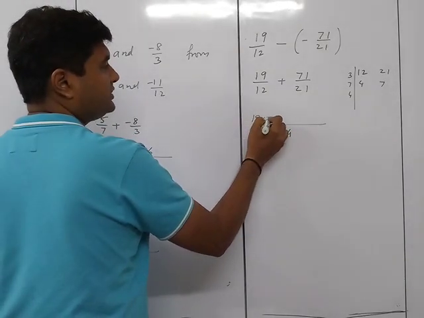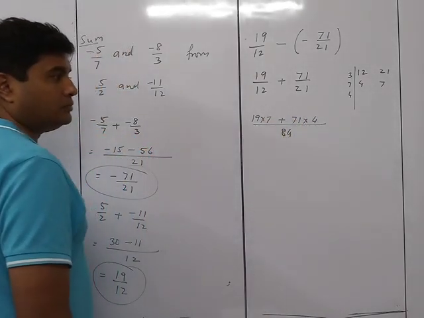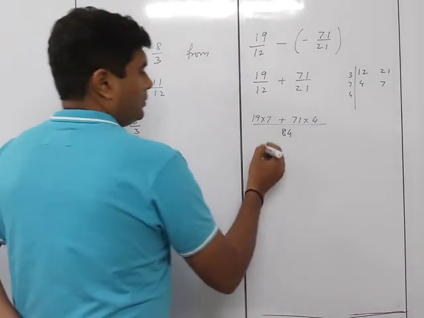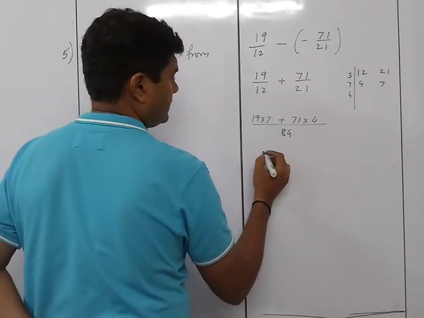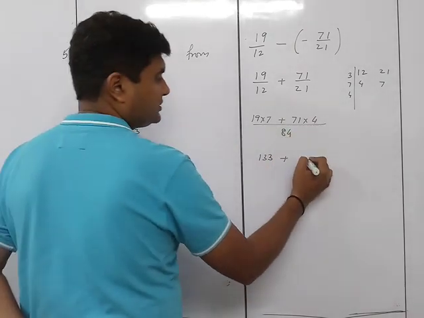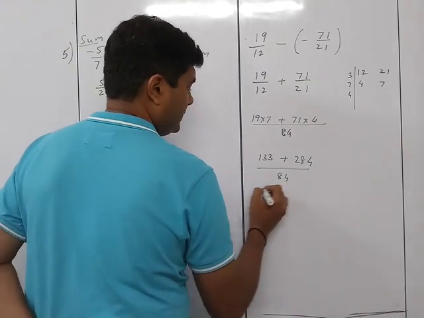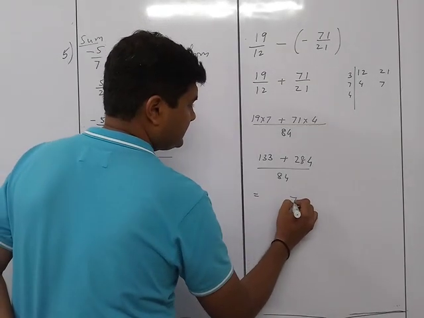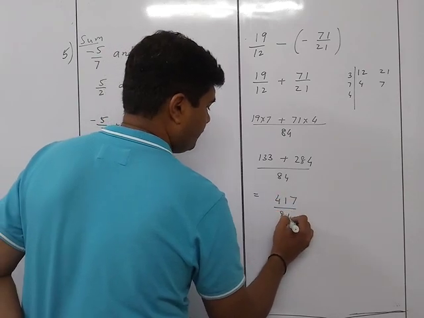So 19 into 7 plus 71 into 4, so 133 plus 284 upon 84. That gives 417 upon 84.